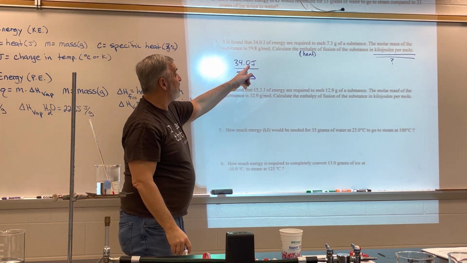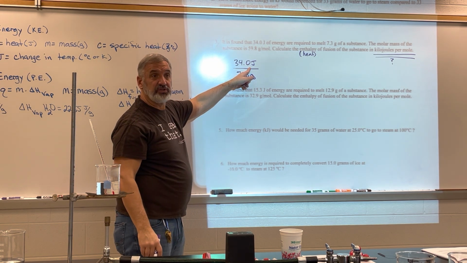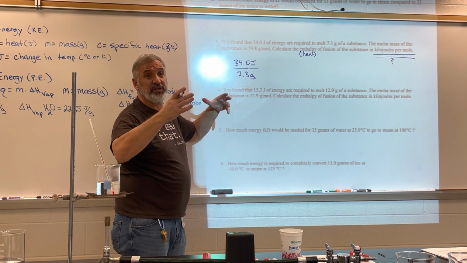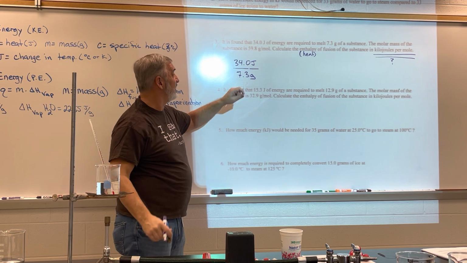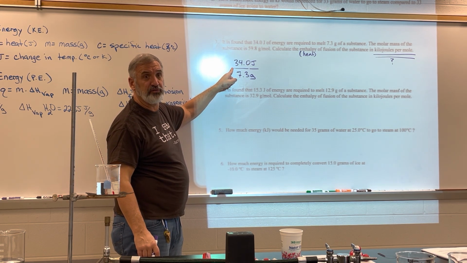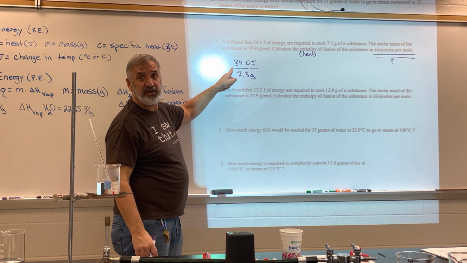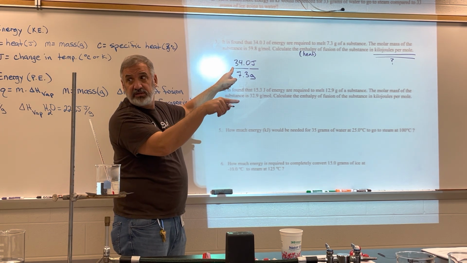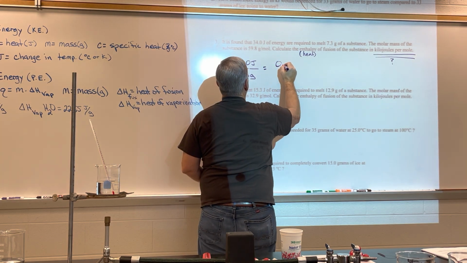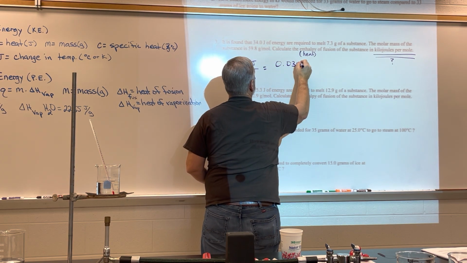So I need joules to kilojoules, and I need grams to moles. Now we can do this as one, or we can do 2 separate problems. Are we good to where we can just say that this is 0.034 kilojoules? Divide by 1,000, move the decimal 3 places. Okay? So I know that that's going to equal 0.0340 kilojoules.